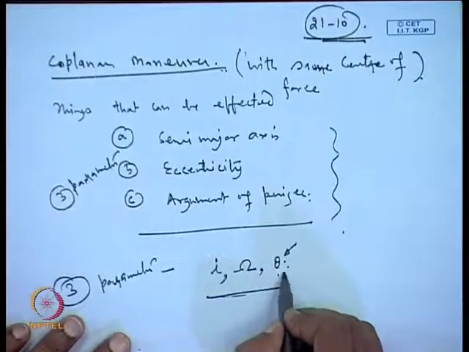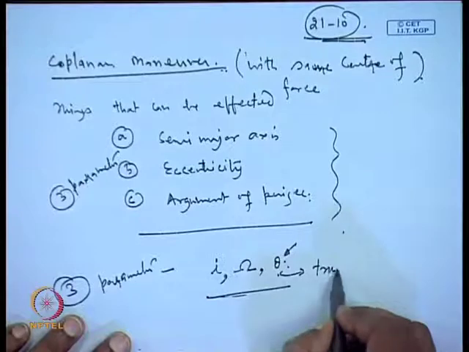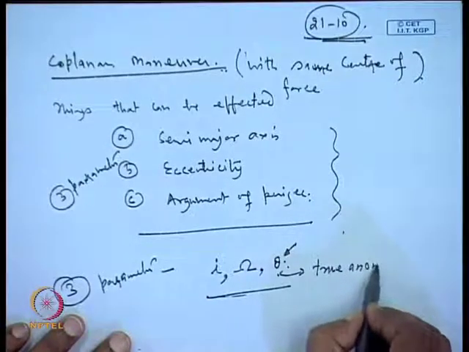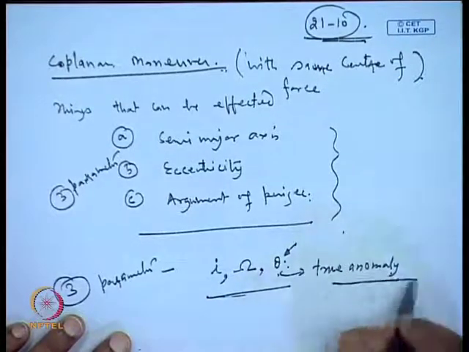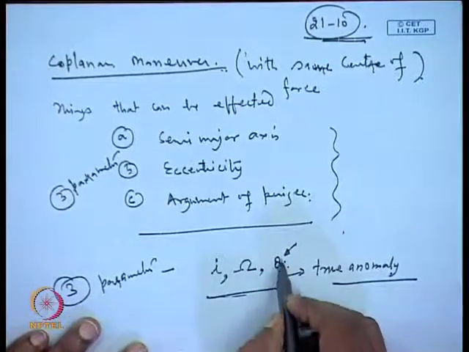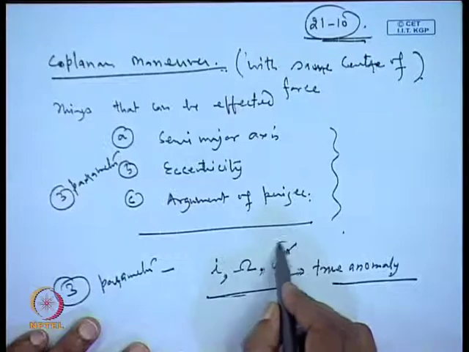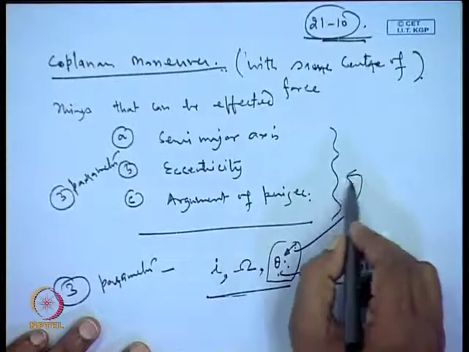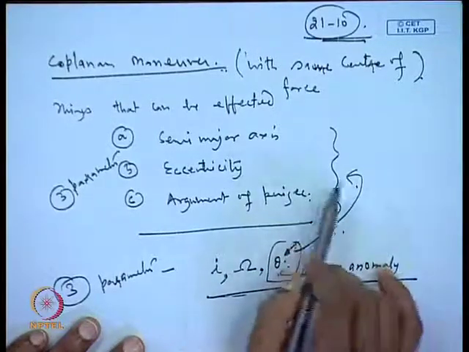Theta is what you call the true anomaly. Okay, so theta basically comes under the coplanar maneuver itself.